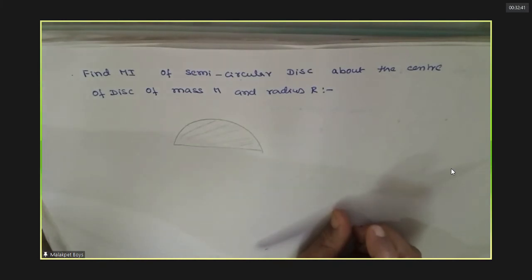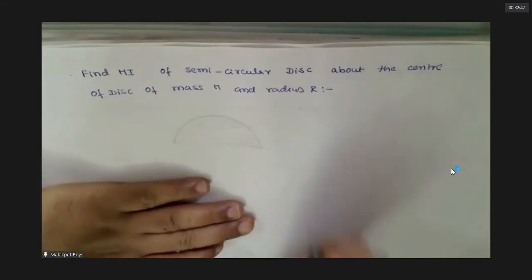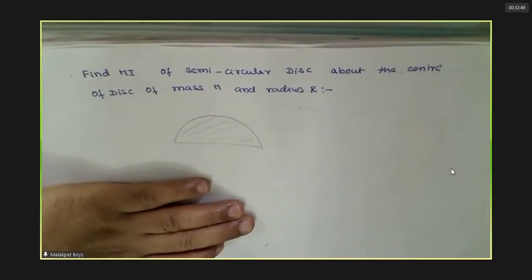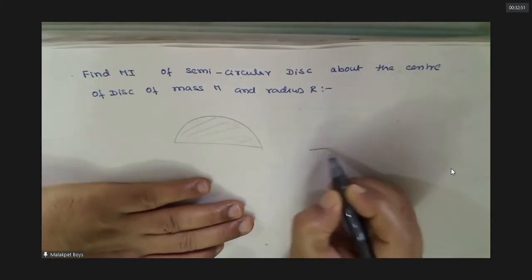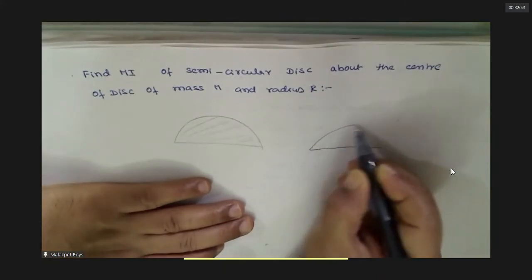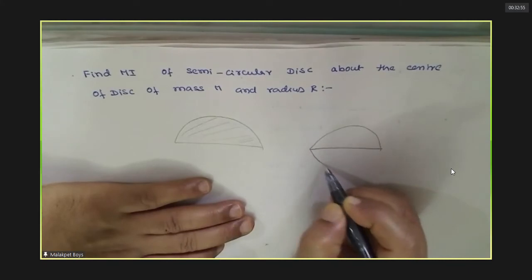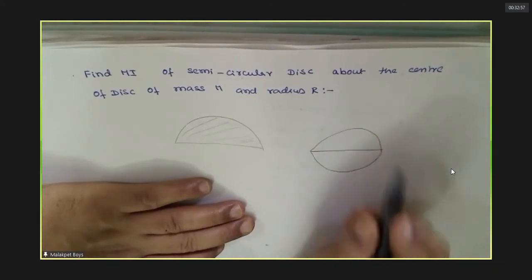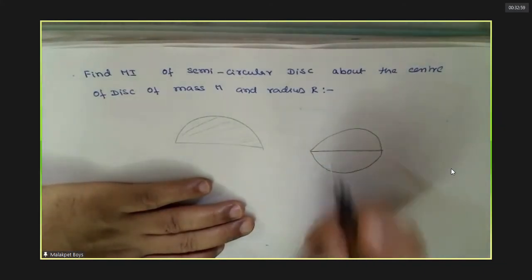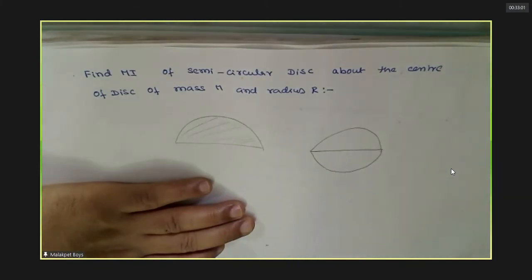What can we do? We can cut it off. That means I will construct a disk using two semi-disks. Understood properly?